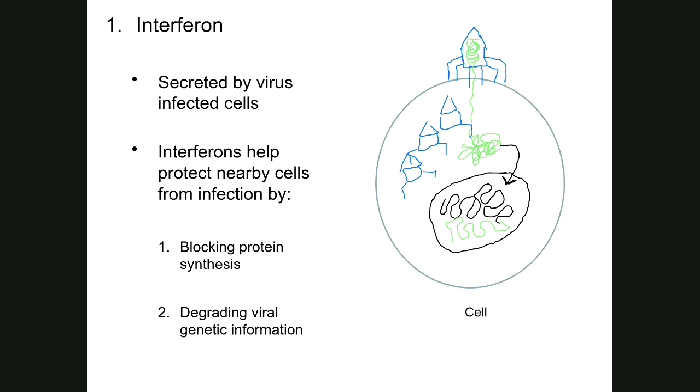And eventually you have hundreds, maybe even thousands of virus that have been produced by your own cell, and the cell fills up with virus and that causes the cell to burst, which is also known as lysis. So the cell lyses or it bursts and releases these viruses out into your body. And then of course, you've got other cells that are nearby the cell that was infected.